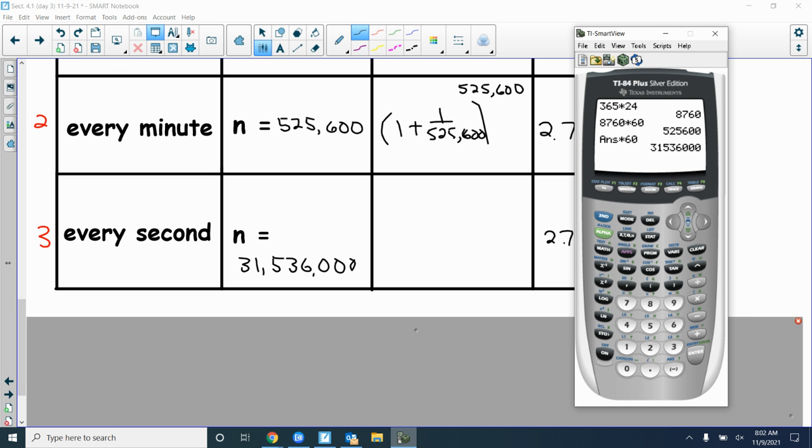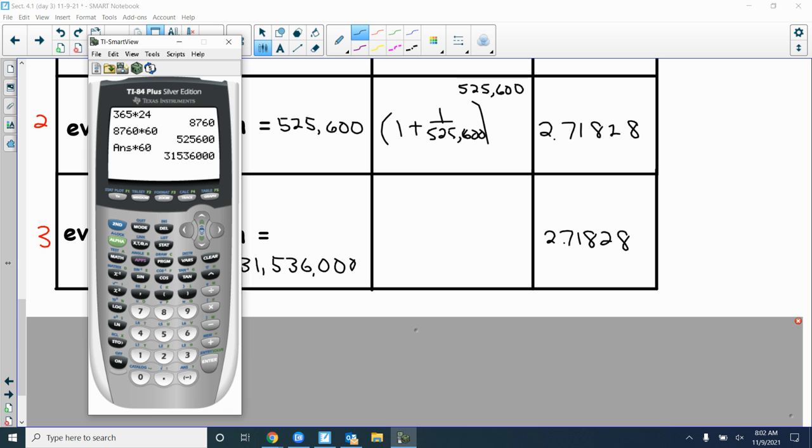Now let's take a look real quick. If I put those in, 1 plus 1 divided by 525,600 to the 525,600 gives 2.71828.